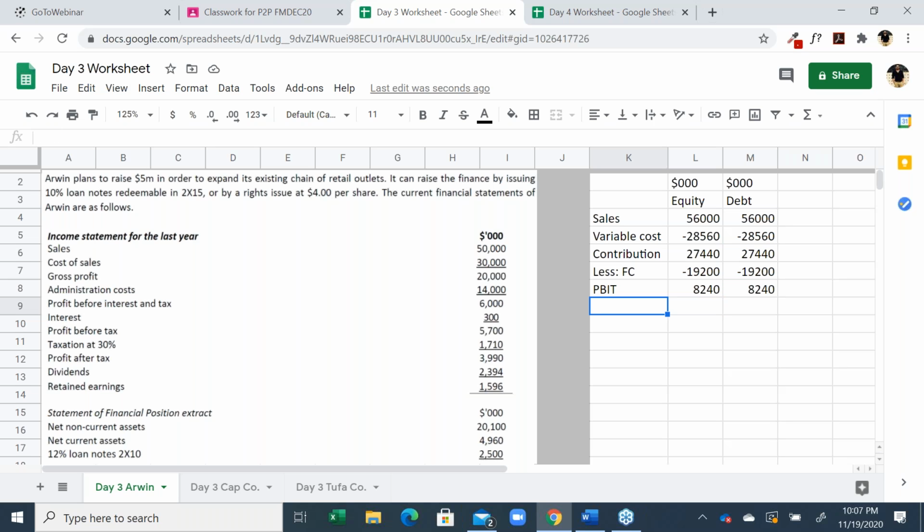So that's PBIT. Now comes the interest payment. With the equity finance, will there be any change to our existing interest cost? So it should be 300. But with the debt finance, there will be an increase to our interest cost, and we are getting a 10% loan note, right? And how much are they planning to raise?